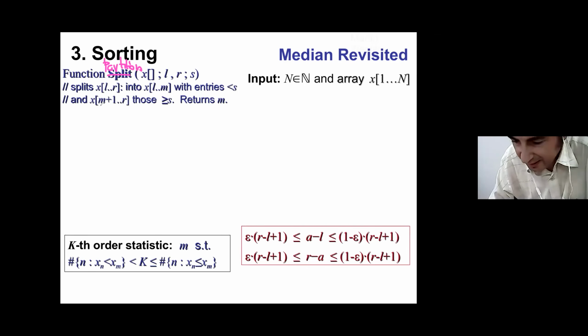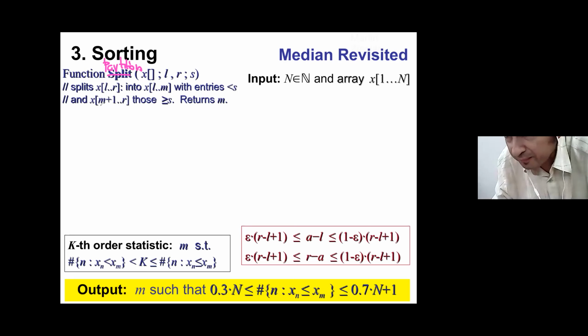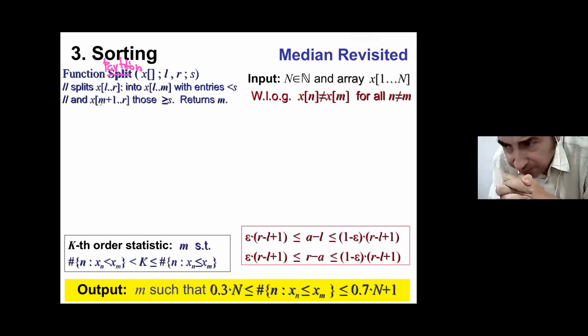And then I need to remind you about the order statistics. Let me see, what was the order statistics? We had this in section 2, and we discussed this story.